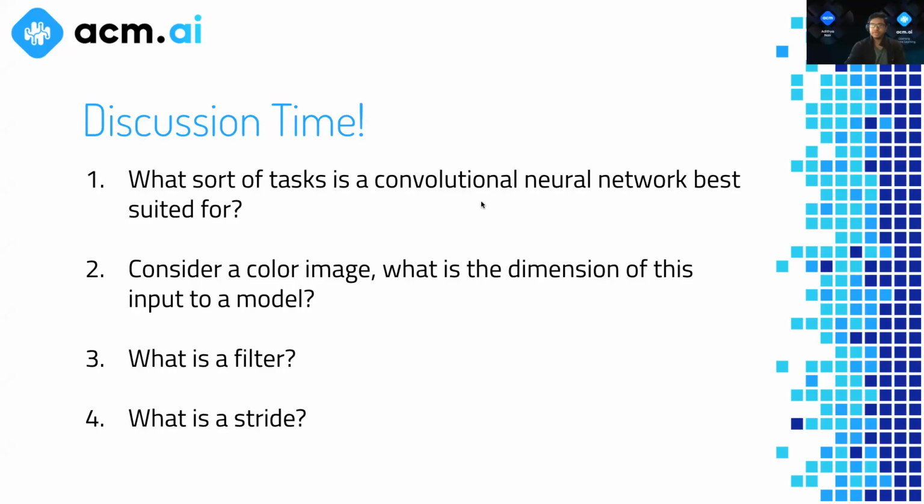And yeah, a filter is essentially how we represent and how we pick up different features inside of an image, and a stride is by how much a filter moves across an input image.